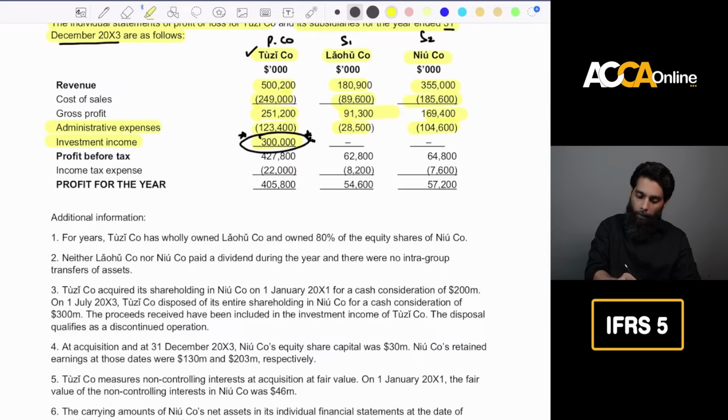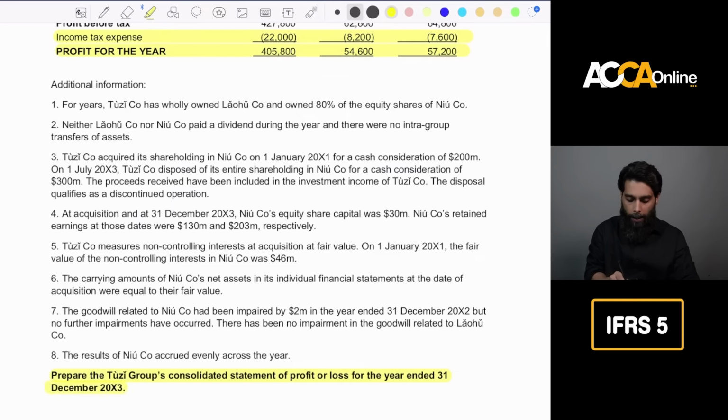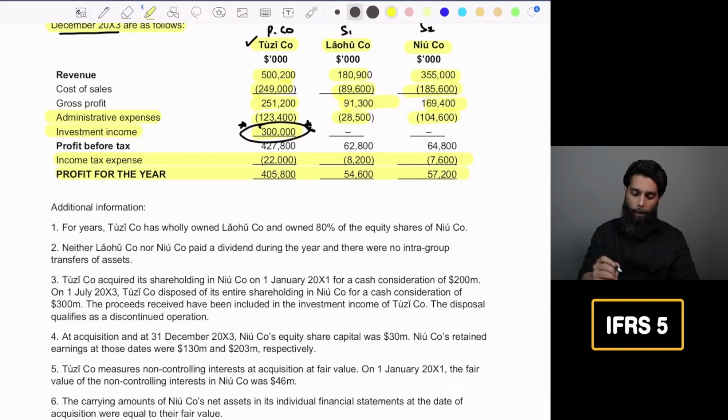Then moving on, you have been provided with income tax expenses and profit after taxes and so on and so forth. Now, there are some adjustments that have been provided to us, and towards the end of these adjustments, we are responsible to prepare the group consolidated statement of profit or loss for the year ending 31st of December 20x3, right? So let's start studying.